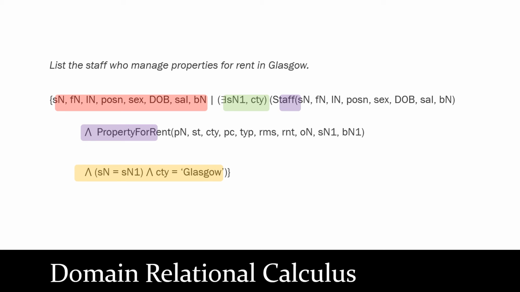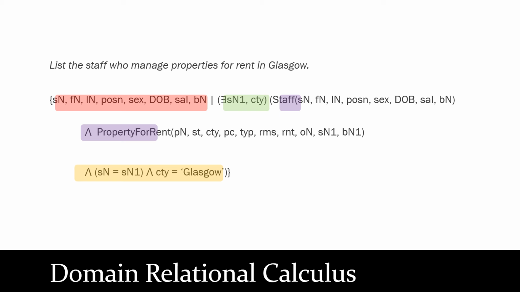So we specify the domain of these fields, which includes staff and property for rent, and inside the staff we also need to mention all the fields that we need to include in the result.